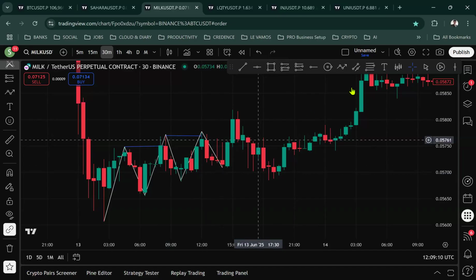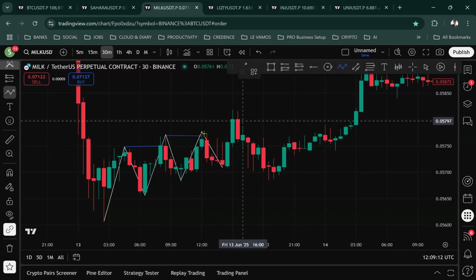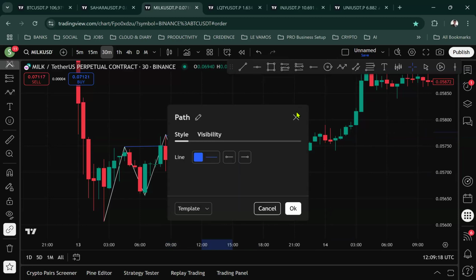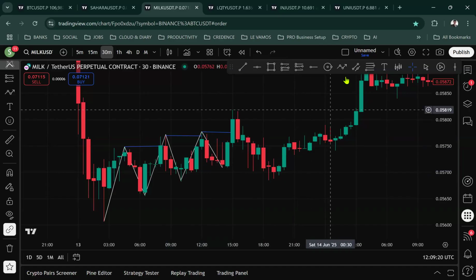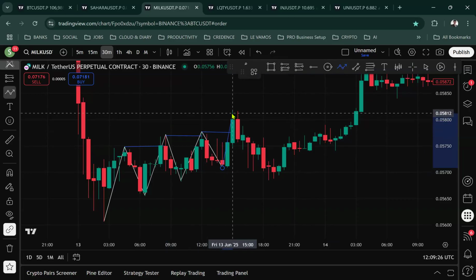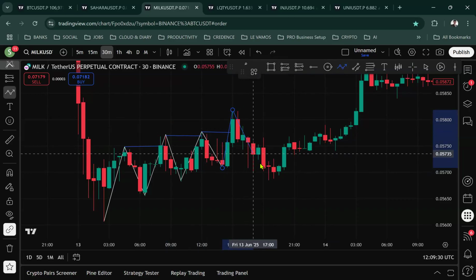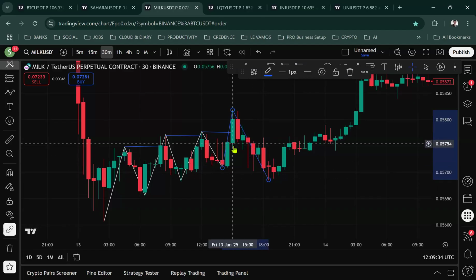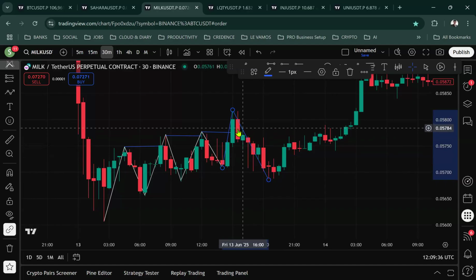Okay. So from here, this is the lowest point, and this is a valid pullback, and this is the lowest area. Why are we saying this is valid? Because this is an inside bar candle.